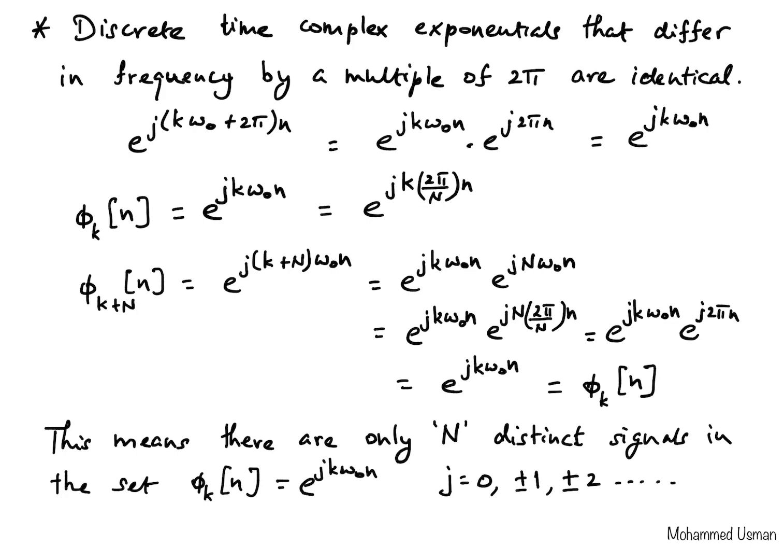Now the third property with regard to the discrete complex exponentials is that if the frequency is shifted by 2 pi, the sequence becomes identical. So if we take a discrete complex exponential with a frequency k omega naught and shift it by 2 pi, so the frequency is now k omega naught plus 2 pi, we will get back the same original sequence e power j k omega naught n. That means discrete time complex exponentials that differ in frequency by a multiple of 2 pi are identical.